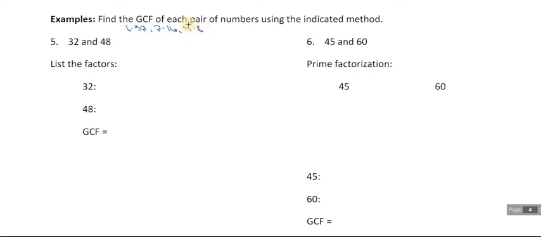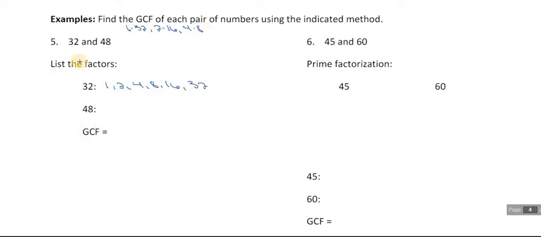Then we're back to 8, and 8 times 4. So my factors of 32, listed in order, which is important, would be 1, 2, 4, 8, 16, and 32.